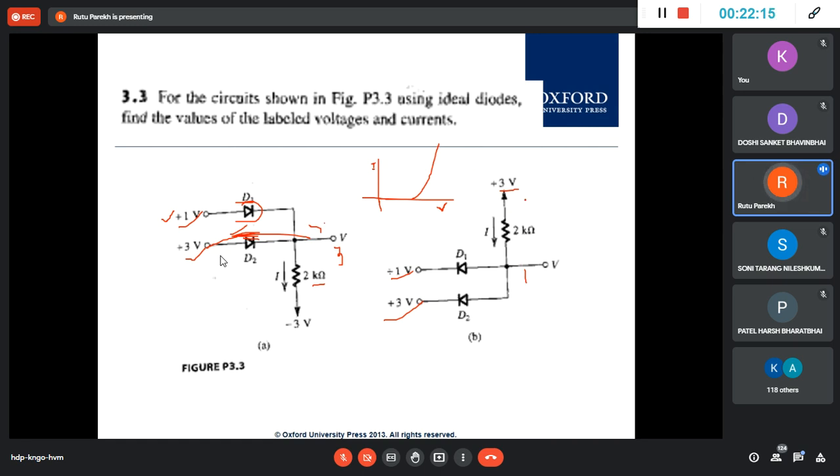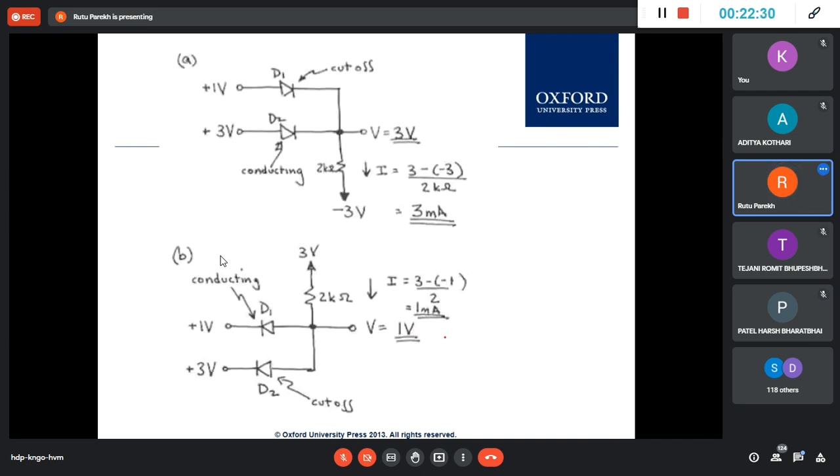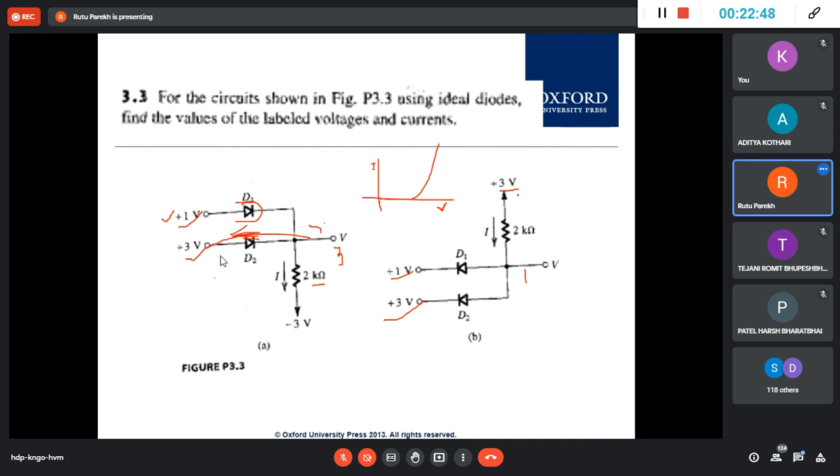So how much will be the current? 1 milliampere. This minus this. 3 minus 1, divided by 2.